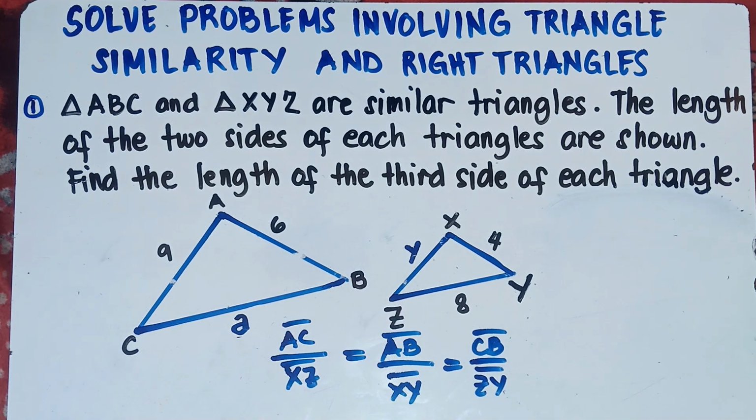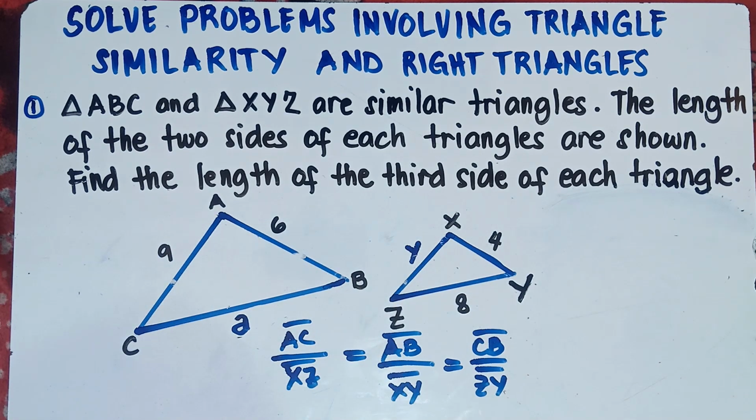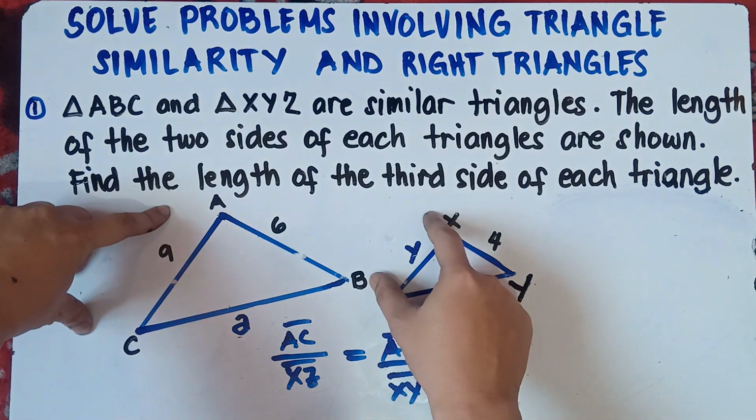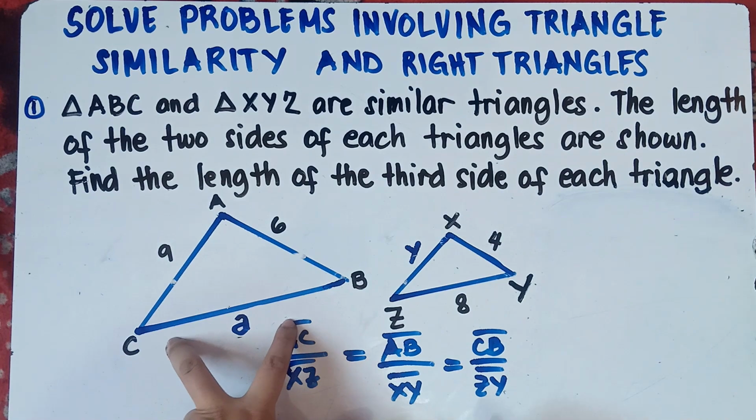I hope you remember similar triangles. If you want to learn more about similar triangles, I will put the link in the description down below. Once again class, the ratios of their corresponding sides are proportional. This side over this side will be equal to this side over this side and this side over this side.